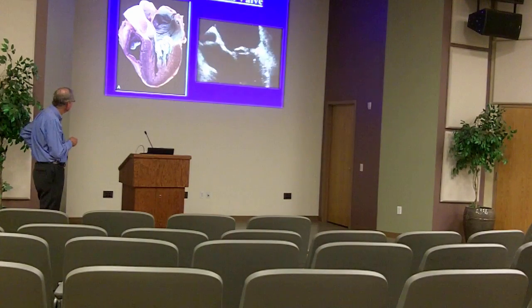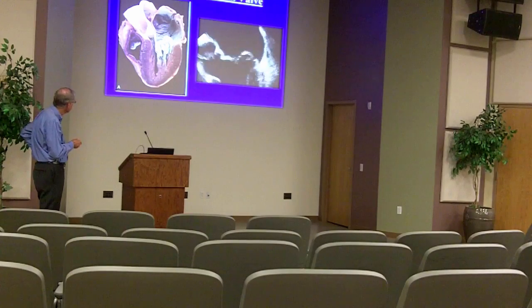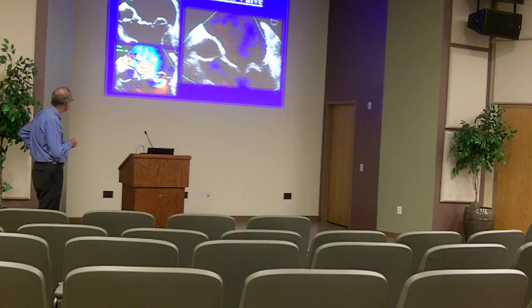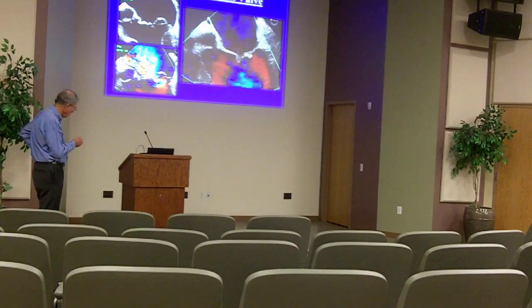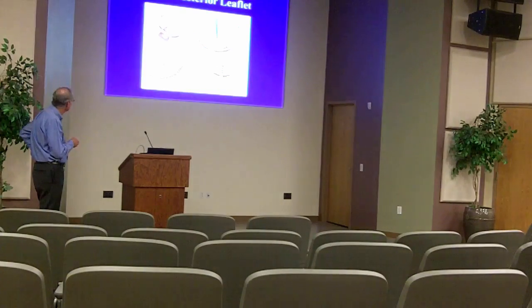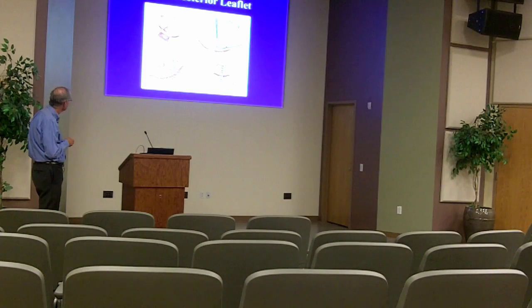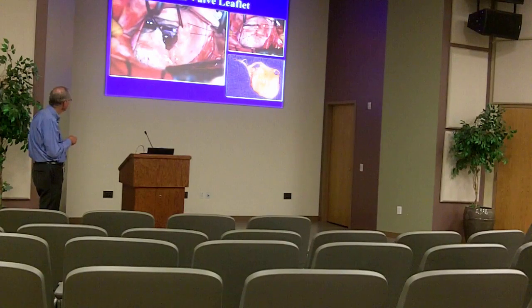If you look at that, you can see exactly what's happening, with the turbulence that I was going to show you. How we fix these is we cut out a wedge and sew it up to tighten it, so it's not as redundant. This is the amount of leaflet that they took out and just sewed up.